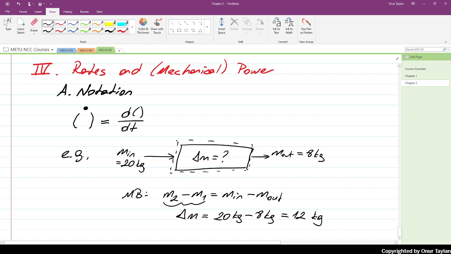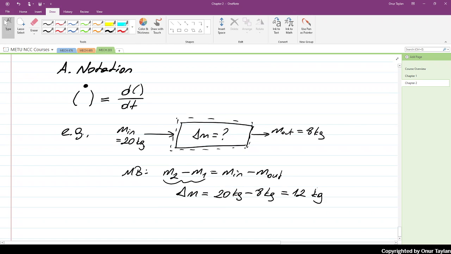So in rate form, by the way, the change in any property is always final minus initial. So don't forget that. I gave the example of mass balance, but it is applicable for energy balance and entropy balance as well. On rate basis, rate means time derivative.